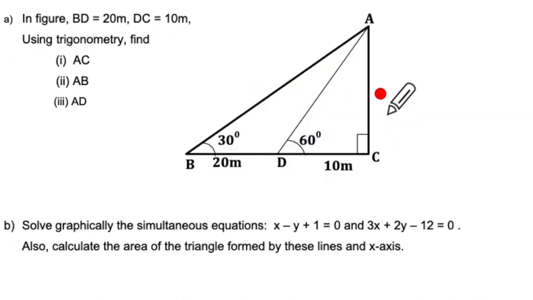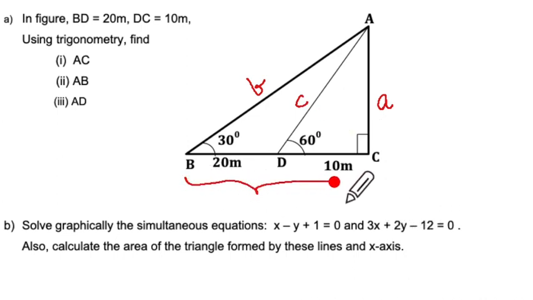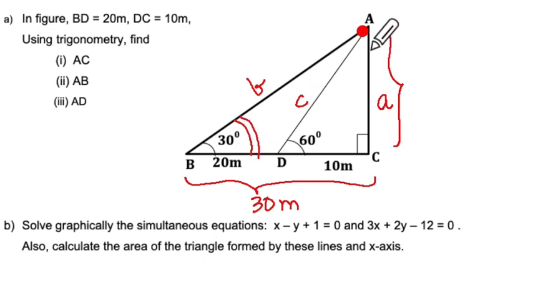We have to find AC, so we'll call this A. AB you have to find, we'll call that B, and AD is C. So to begin with, we have this BC right over there, this is 30 meters. So can we not use the information that is given to find A, because we know 30 in this triangle.